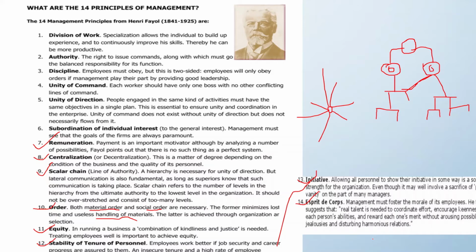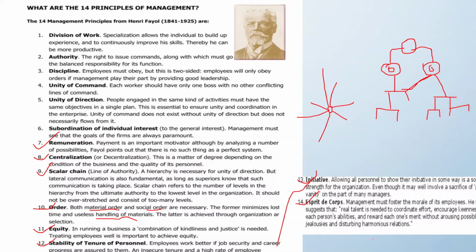So in a corps, in a group, we have to harmonize the relation, and we have to give possible rewards and encouragement to the real talents, so that their morale can be raised and they can give their best to the company, right?